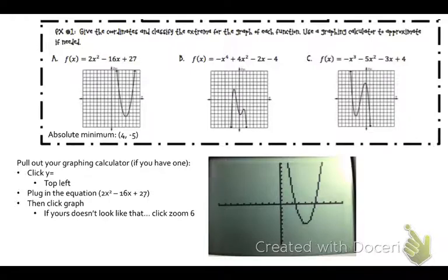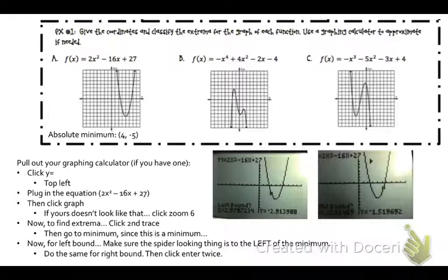And then once you got that, we have to go find the extrema. So I want you to push second trace and then go to minimum since this is a minimum. If this was a maximum, you would go to maximum. Okay, so you're going to go to minimum. And then you're going to end up with this little spider looking thing.